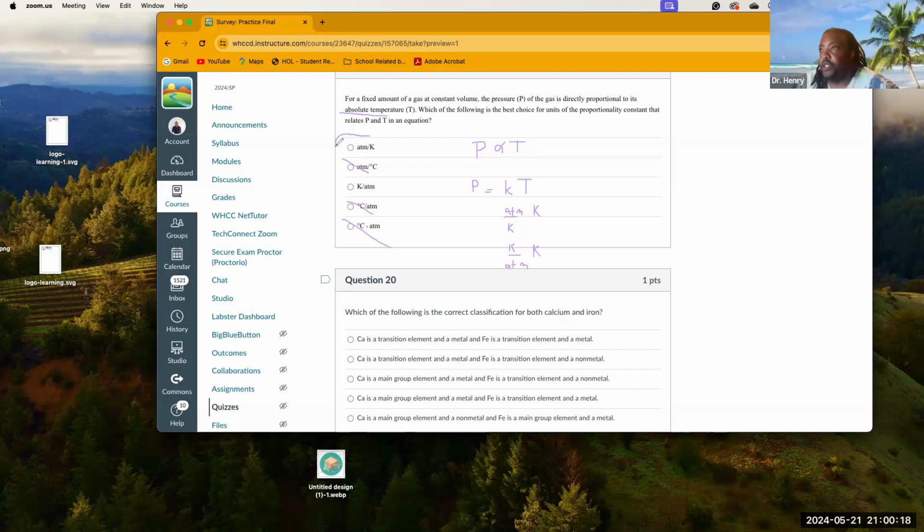That's right. So the answer should be A. So I want atmospheres on top because I want the units to cancel. If they're right next to each other, this would be K squared or Kelvin squared over atmosphere. Okay, which we don't want.